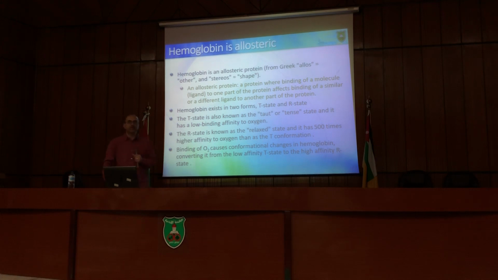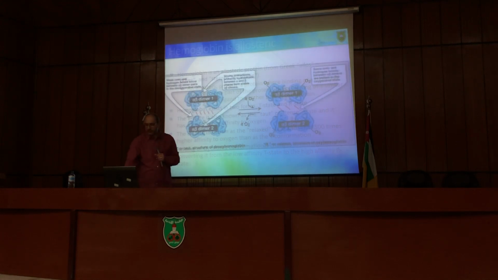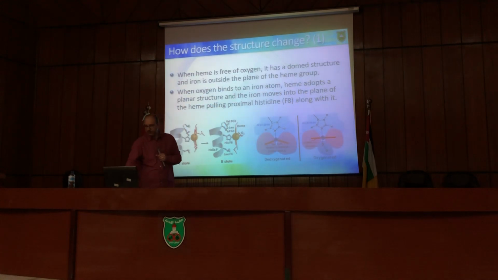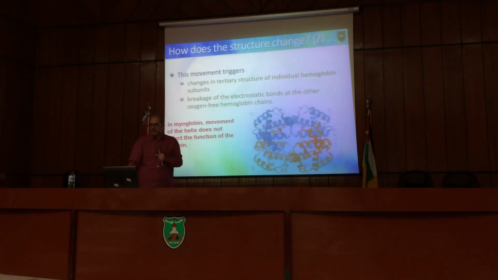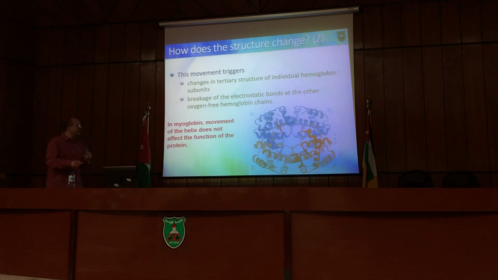So you have a high affinity state and a low affinity state. The question is, how does it go through this transition? What happens is there is a break in the electrostatic interactions between the chains. So when oxygen binds, there's a change in the structure of the protein overall.